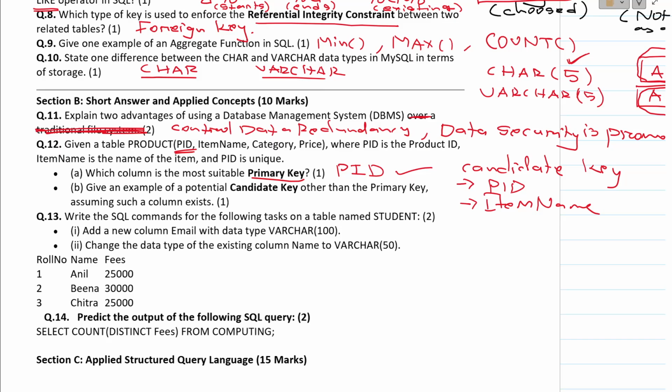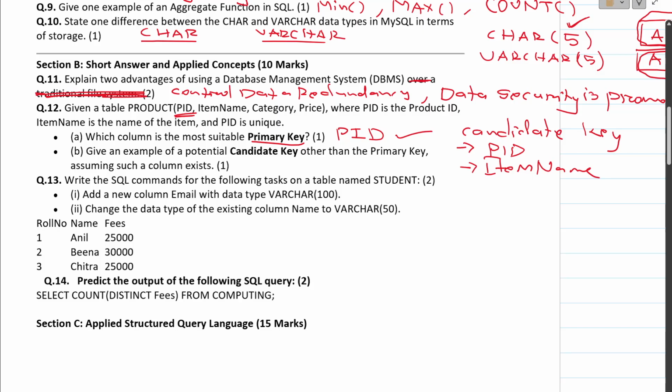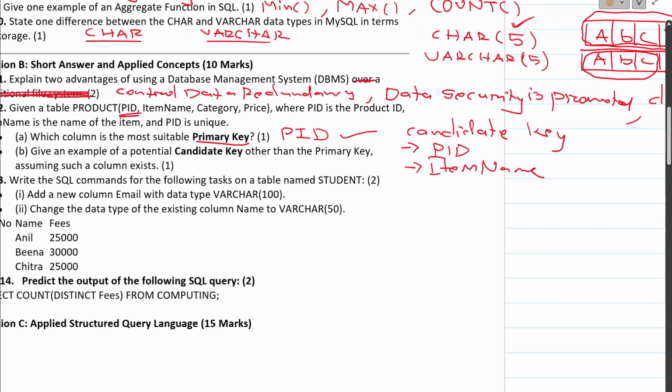Yeah. Now number 13, write the SQL commands for the following task on a table named student. Add a new column email with data type varchar. See, these are very important questions, and whenever it is asking us to add something, we will be using which command? Alter. So I will be writing alter table, then the name of the table, that is student here.